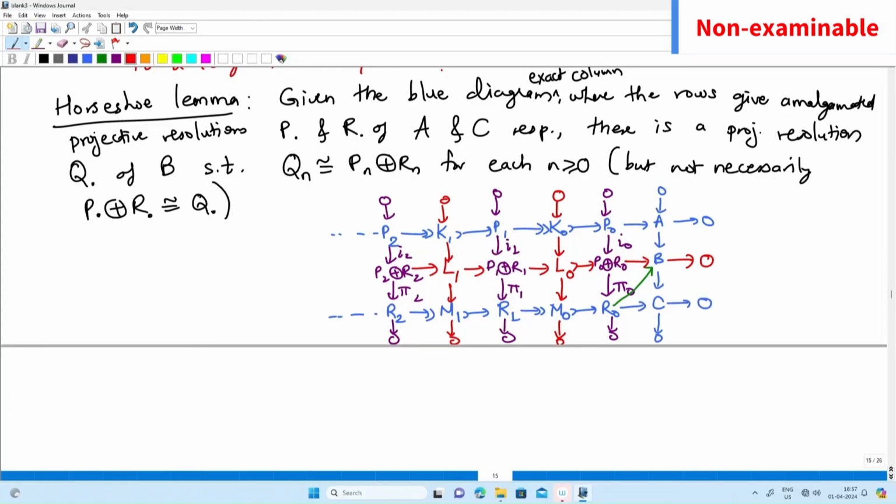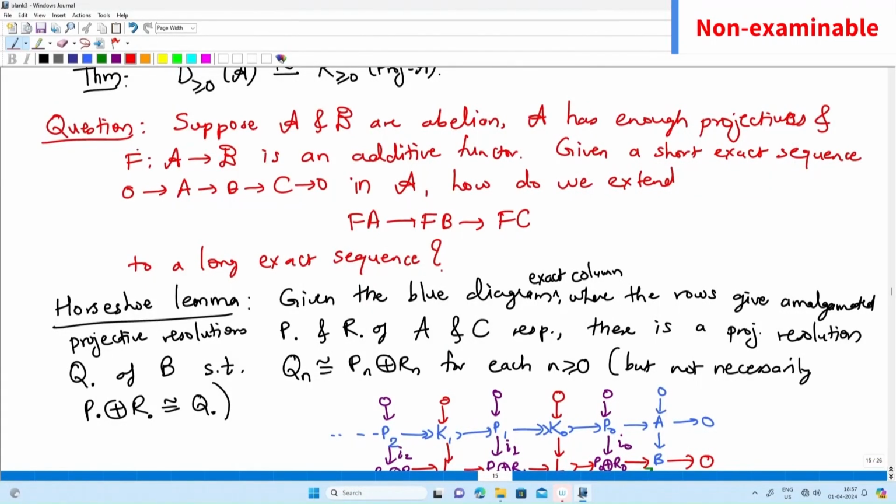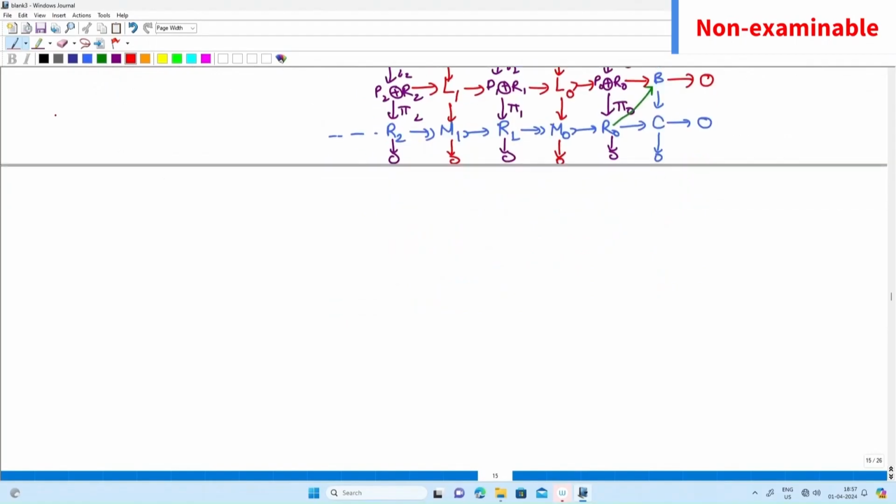Okay, before finishing, I just want to give you one more definition, and that definition has to do with this red question, how do we extend this? So, the definition now.